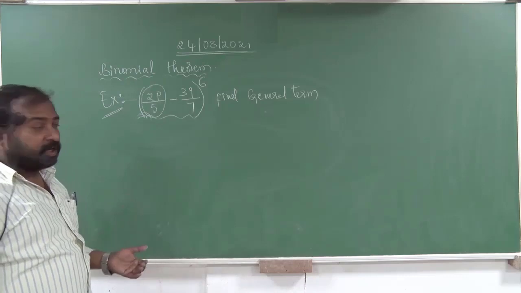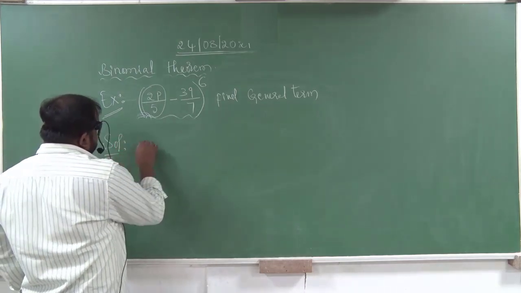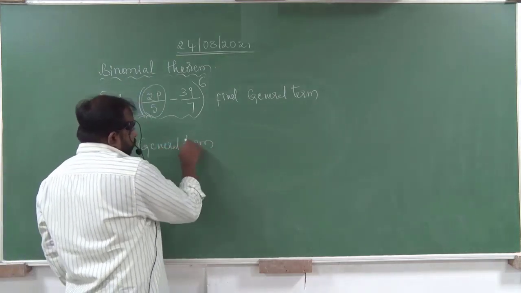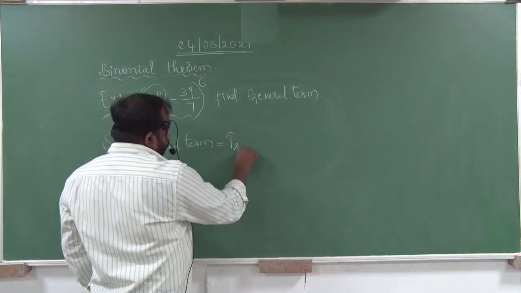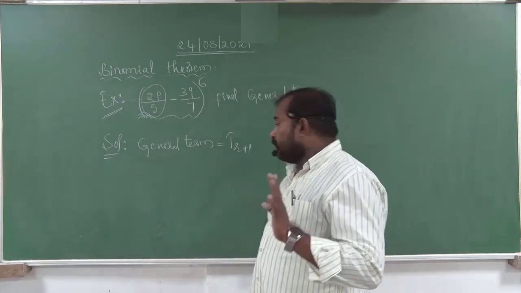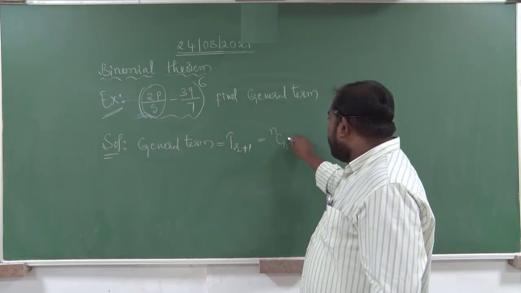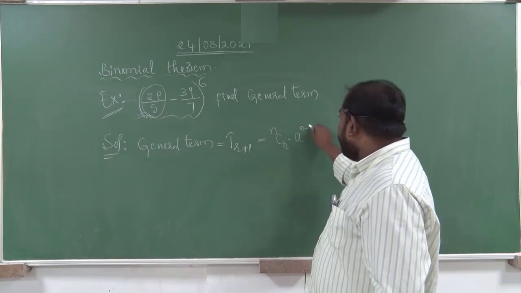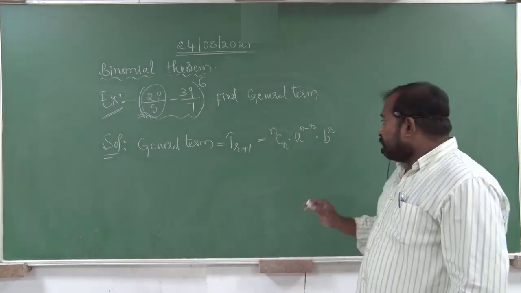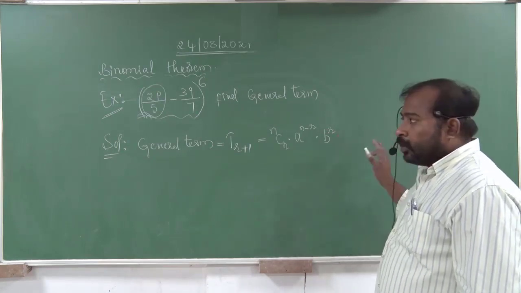If they ask for the general term, how can you find it? Listen now. The general term is indicated by t(r+1). Keep this in mind. And t(r+1) is equal to, what is the formula we gave? nCr into a power (n minus r) into b power r. This is the general term formula.